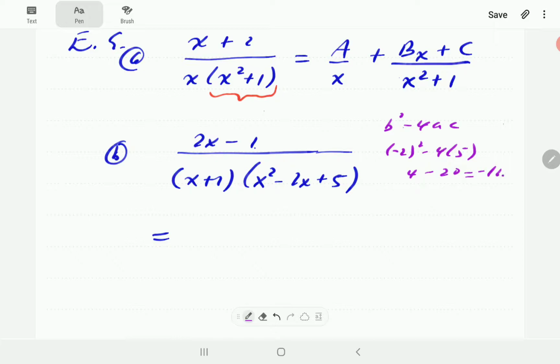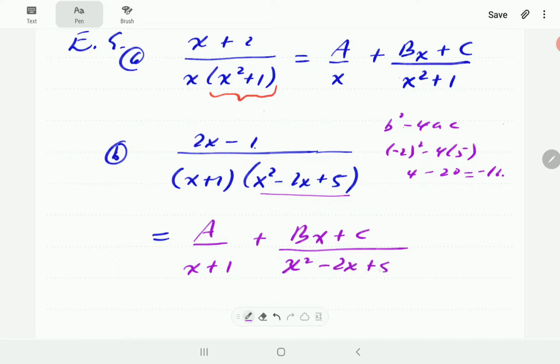So that tells you that this thing cannot be factorized. Anyway, so our partial fractions then are going to be a over x plus 1, and then the other one is going to be again bx plus c all over x squared minus 2x plus 5.